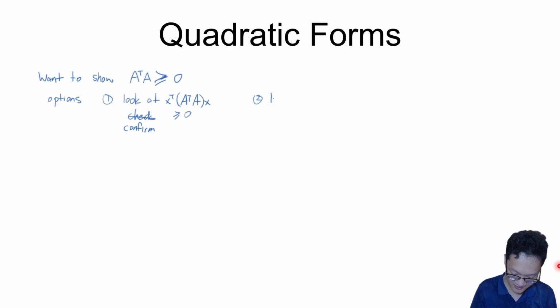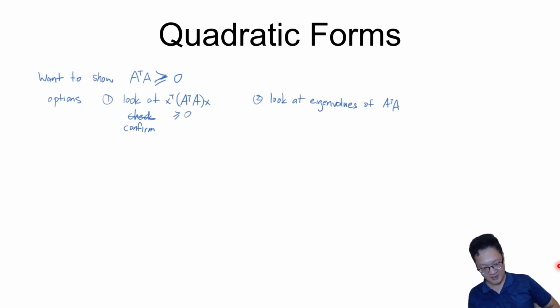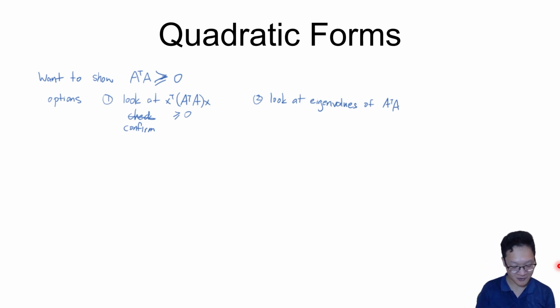The second option is to look at the eigenvalues of A transpose A. This is a general strategy whenever we do any proof in math: we start with what we know. How do we show that something is positive semi-definite? Well, we go back to what it means to be positive semi-definite.